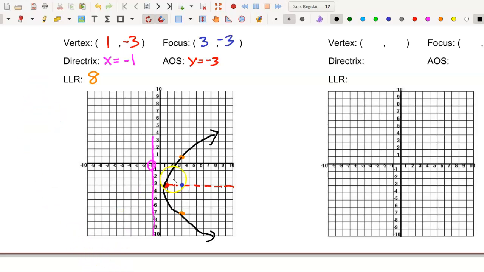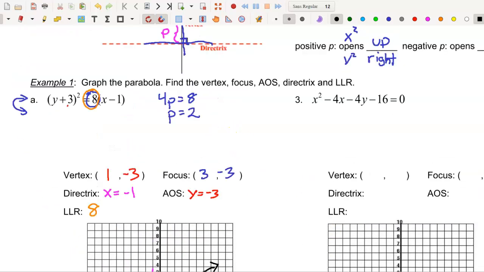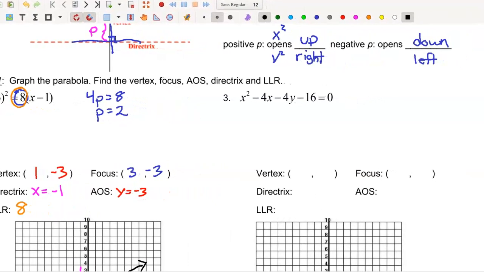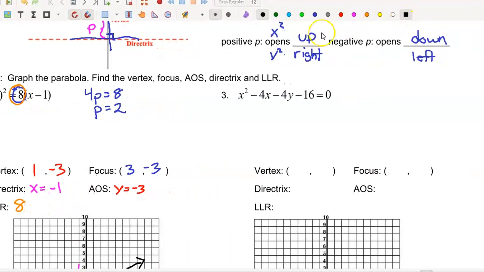So the next one is the same, but it's not set up in the format already. So we got to do a little completing the square. So it's a little different from everything else that we just did, where we got equal to 1 and got the number by itself on the right hand side, divided by it so it equaled 1. Here you can see we have the squared term on the left.